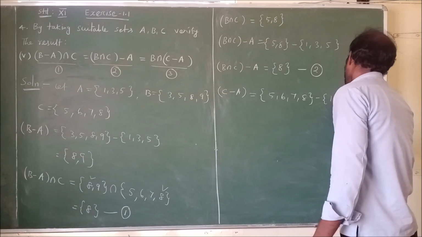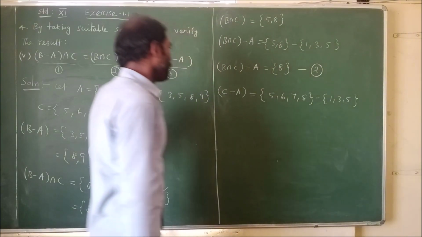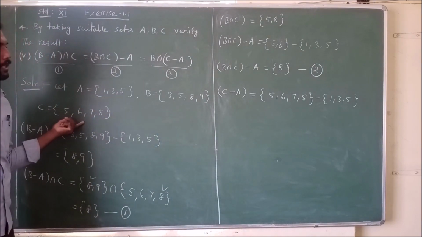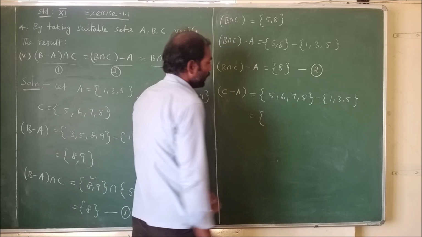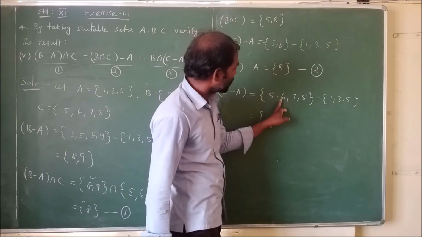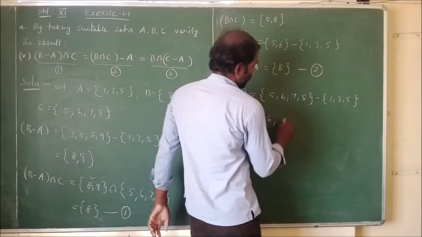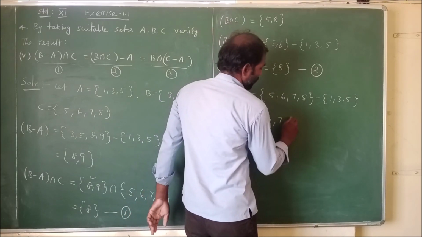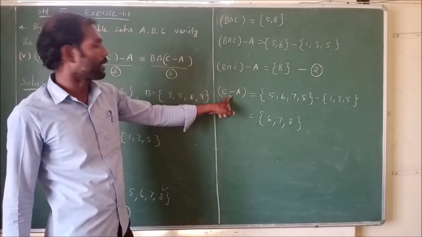Subtracting, 5 and 5 are removed, and 6, 7, 8 remain. So 6, 7, 8 is the element set for C minus A.